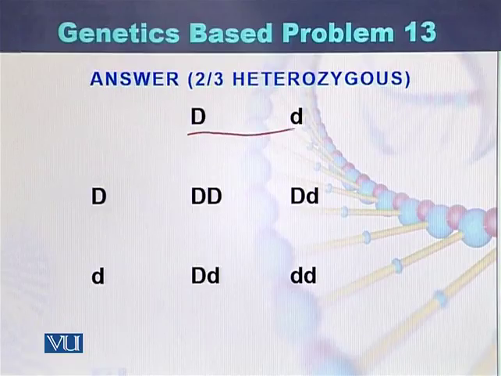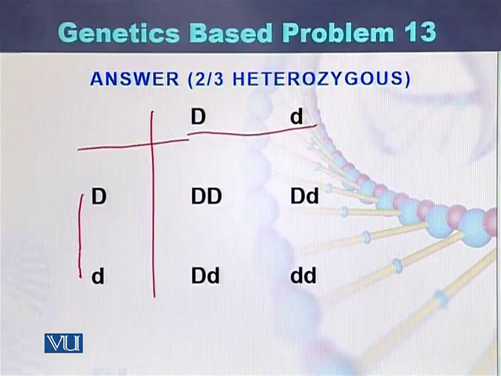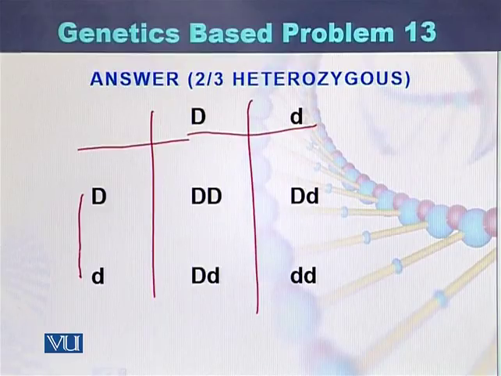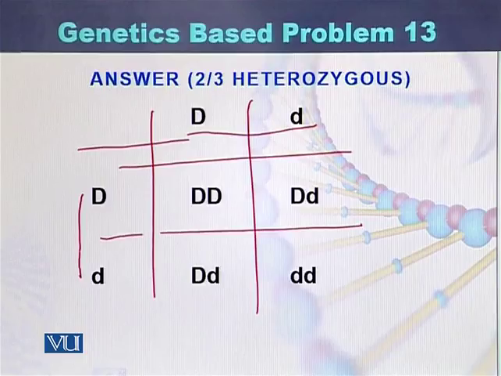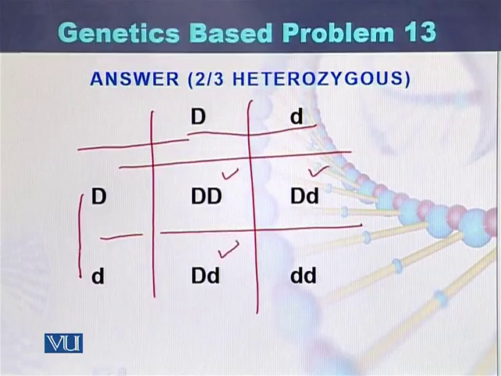This is parent 1, who is heterozygous, and these are the gametes of parent 2. If we draw the Punnett square, as a result there are 3 individuals that have the dominant allele.